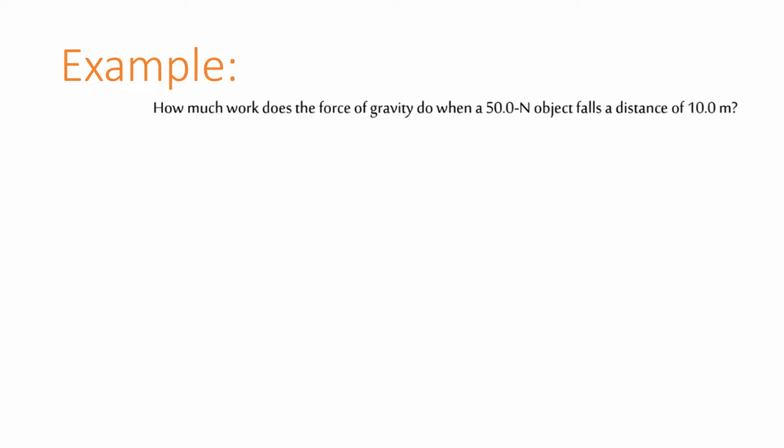The second example says, how much work does the force of gravity do when a 50 Newton object falls a distance of 10 meters? I would like you to try it on your own, but for now I will work it out. We're finding work, and we know the equation for work is work equals force times distance times cos theta.